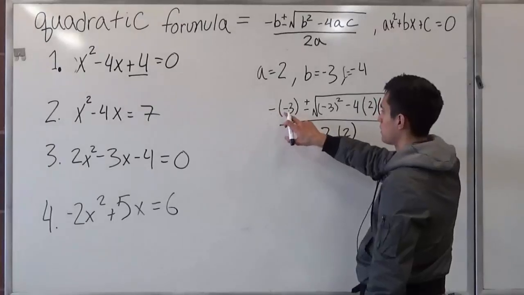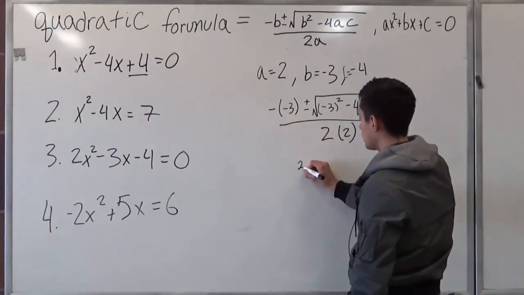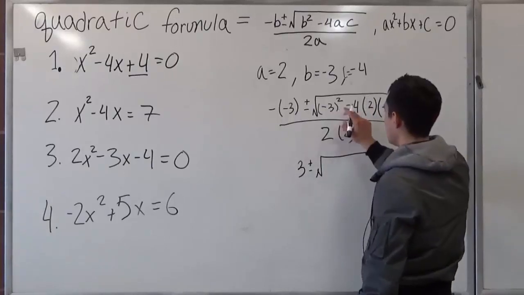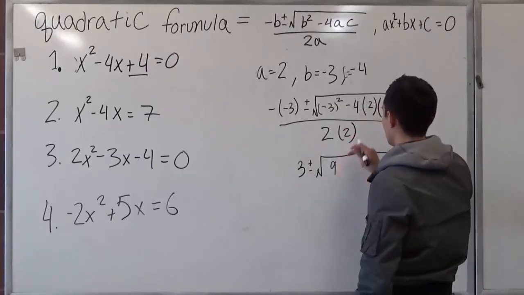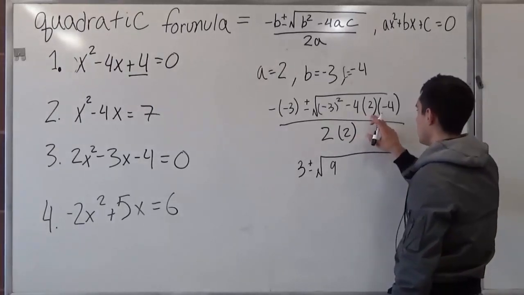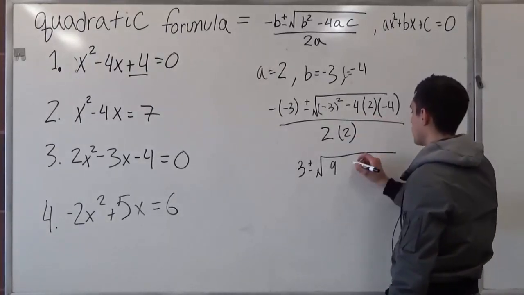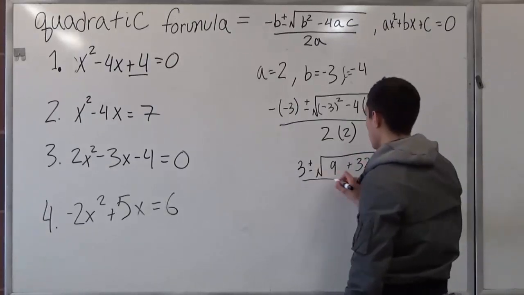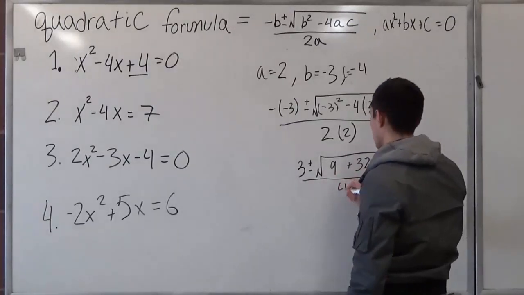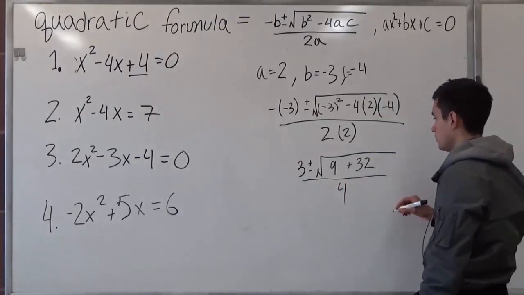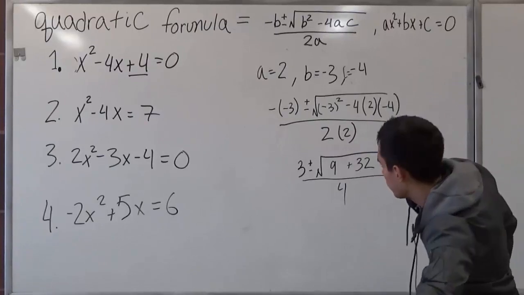So negative times negative gives us a positive 3, plus or minus the square root of negative 3 squared, which is just 9. So negative 4 times 2, that's negative 8. Negative 8 times negative 4, that is positive 32. All over 2 times 2, which is 4. So now we just have to continue and simplify this even further.